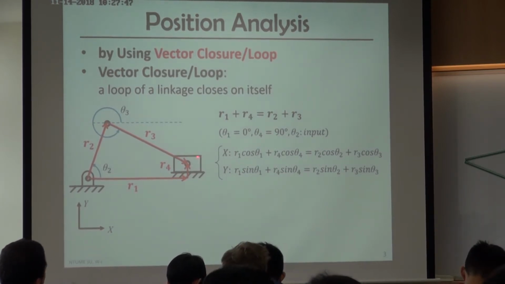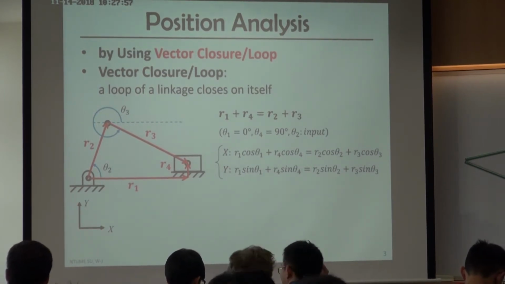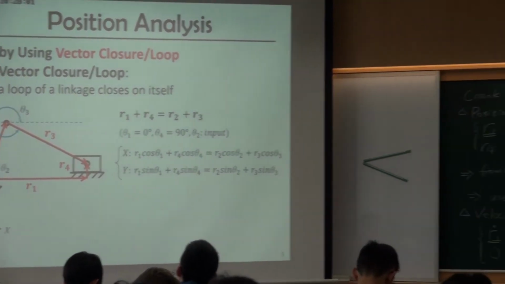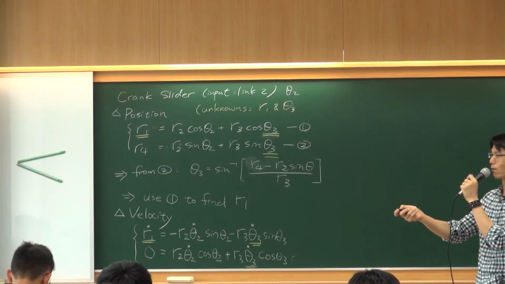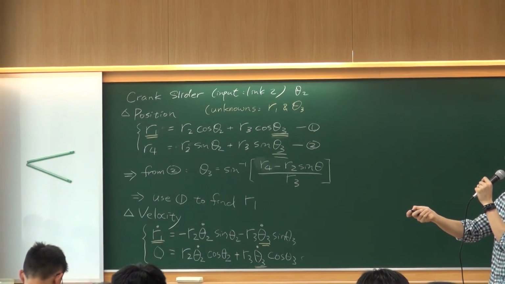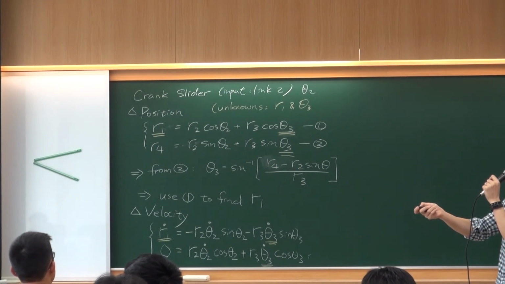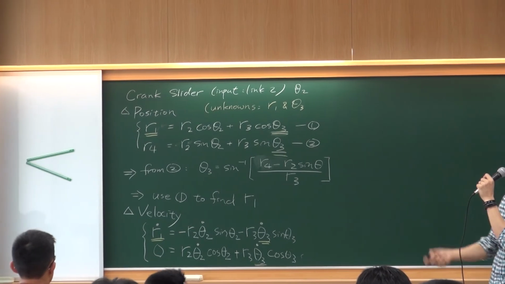For this mechanism, because we use theta 2 as the input, theta 2 is known, and R2 and R3 are just the lengths of links, so they should be known. So R2, theta 2, and R3 are all known. Also, R4 is known because R4 is just a fixed offset from the horizontal line to the center point of the slider.